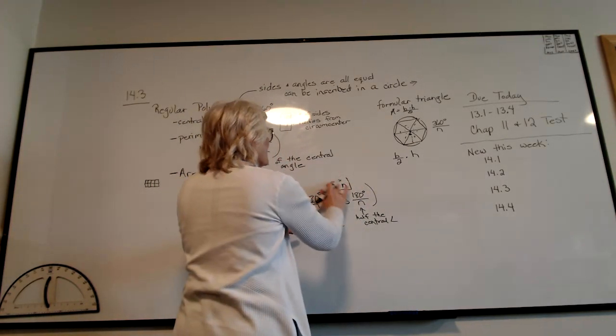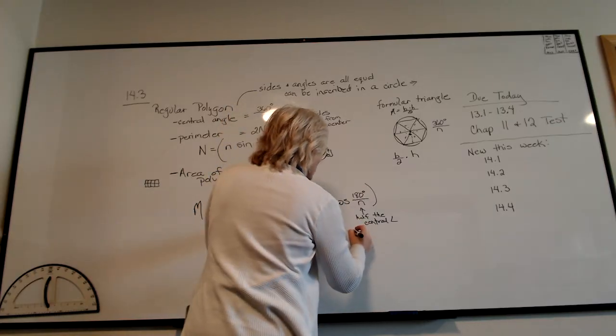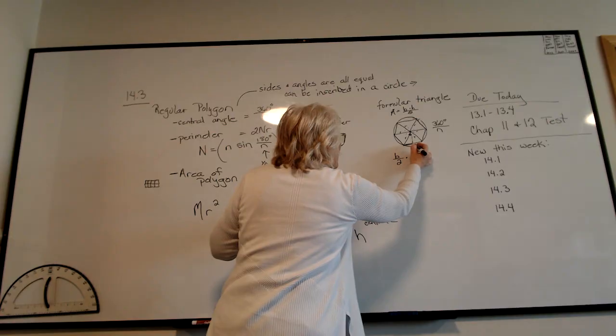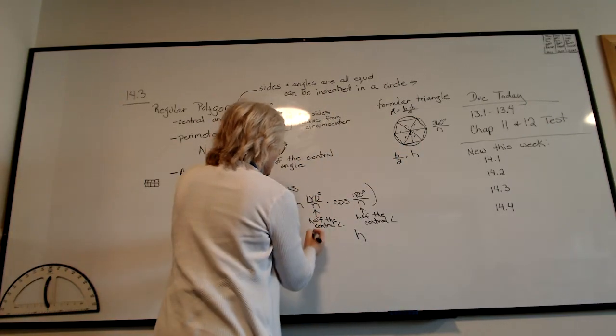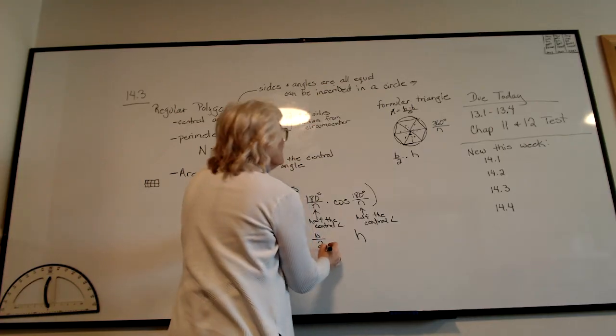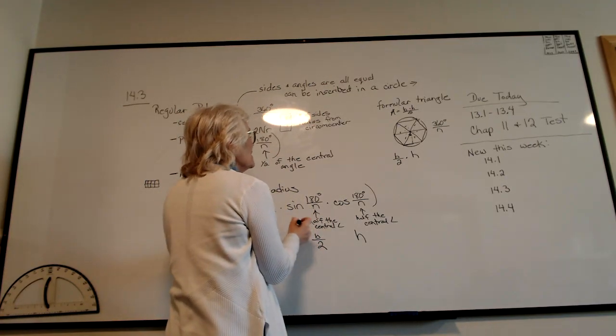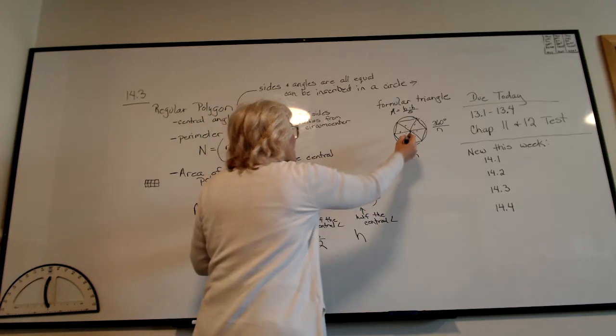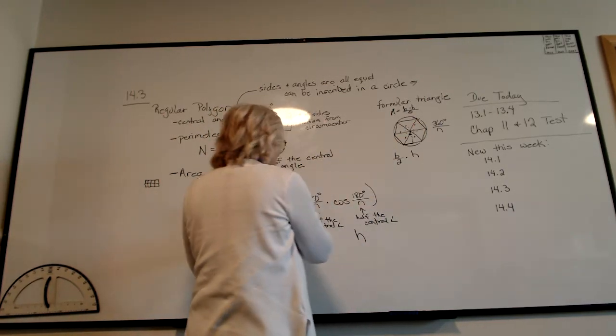What you're finding here with the sine is the base divided by 2, and then you have to multiply it by n, because this is our formula for one triangle and there are n of them.